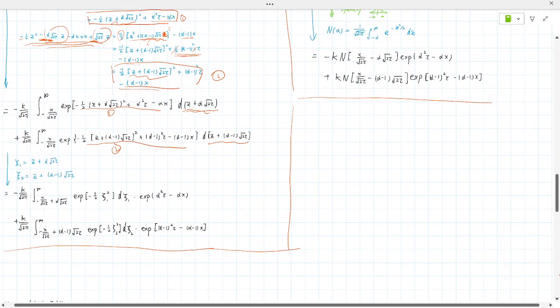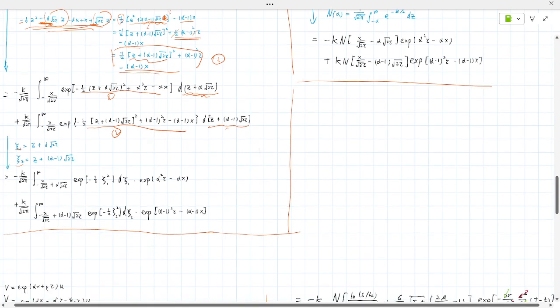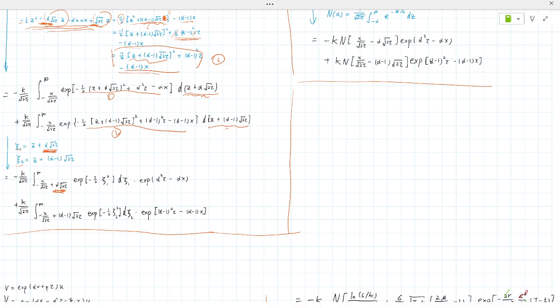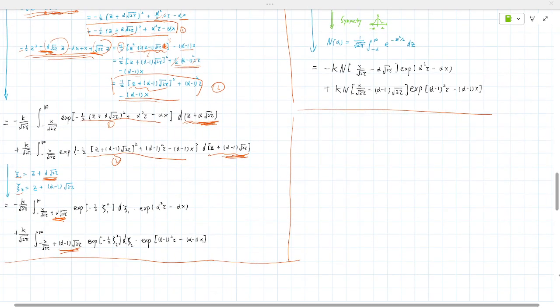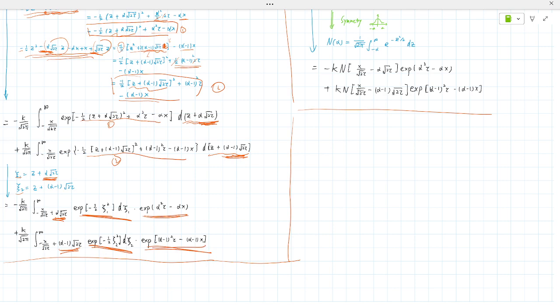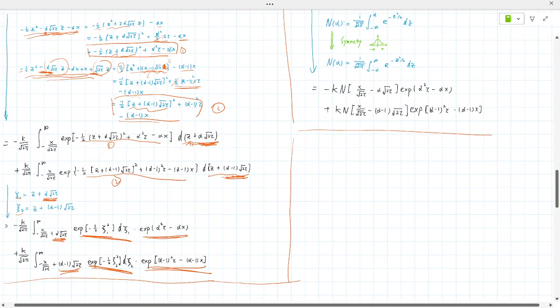And C1, C2 transform to here and here. To make it look even prettier, plus alpha square root 2 tau, alpha minus 1 2 tau, and then you have a beautiful error function, and then left with just a number, because it had nothing to do with z for this case.